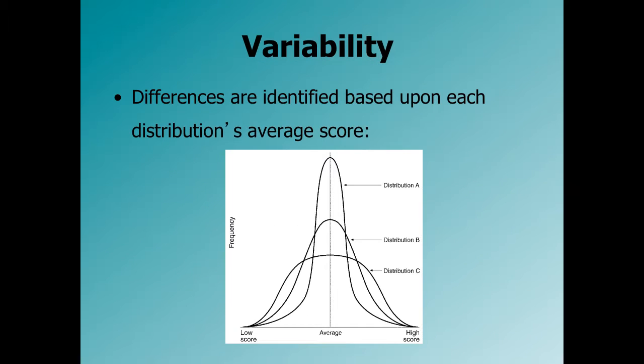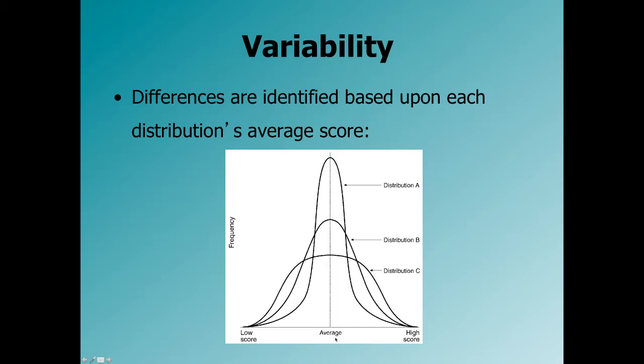The next thing that we need to take into account is variability, dispersion, okay? How dispersed our data points are from one another, or how closely together they are. Here we have the opposite example compared to the previous one. Here we have three distributions that look completely different from each other, yet they share the same average.